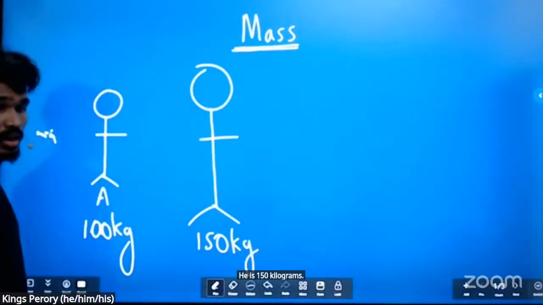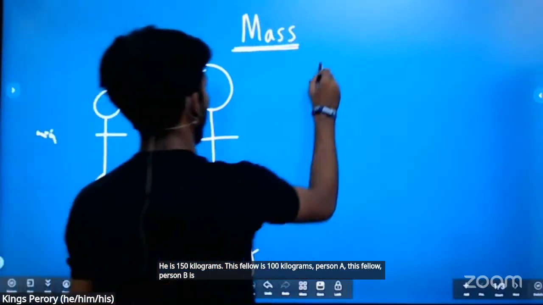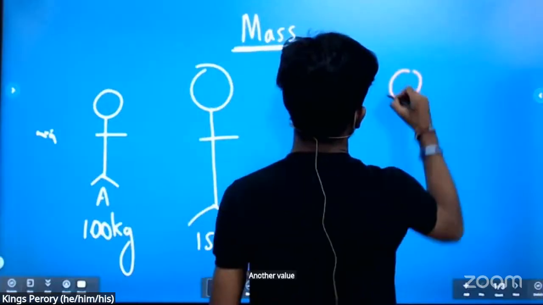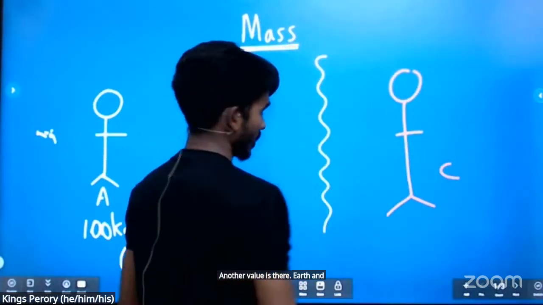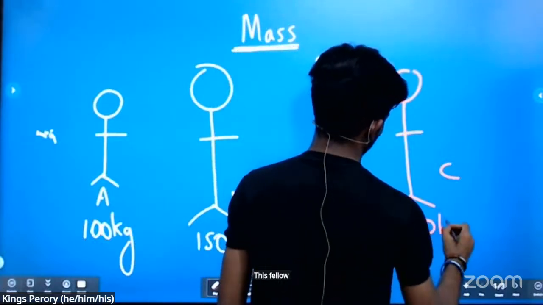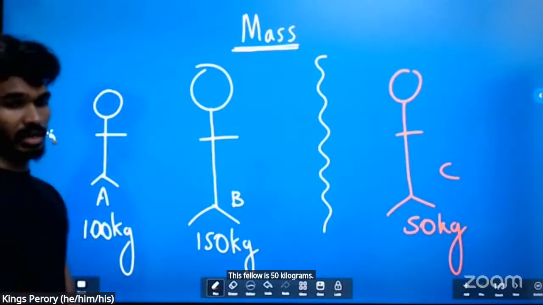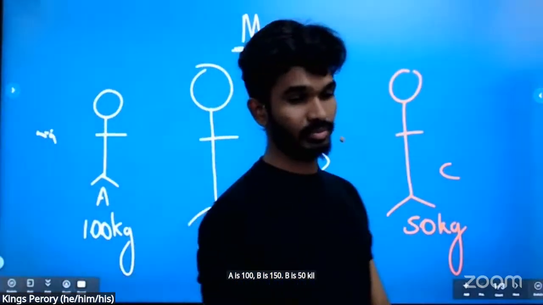Another person is there, person C, who is 50 kilograms. A is 100, B is 150, C is 50 kilograms.